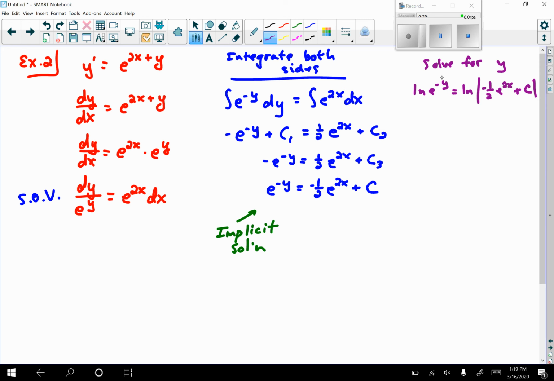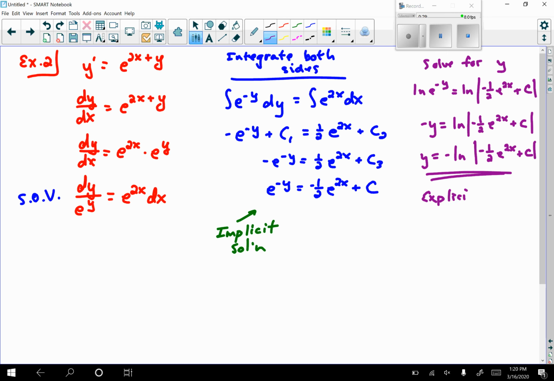Again, the natural log of e to anything is just going to leave us with this anything, so we get negative y equals the natural log of this quantity. And my last step is just to divide by negative 1. So y is going to equal the opposite of the natural log of this quantity. Not a very pretty answer, but it is the answer. It's the explicit solution.